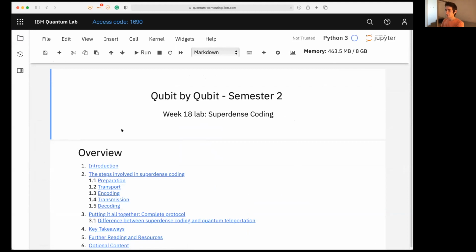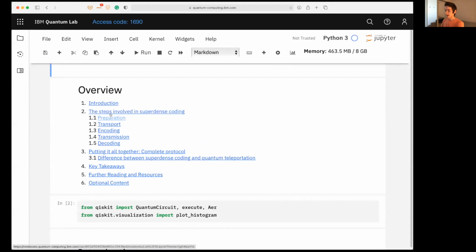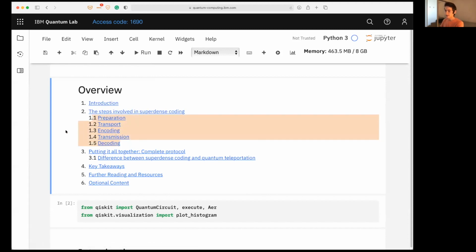And now let's get started with today's notebook. A quick overview of what we're going to be doing today. In the introduction, I'm going to talk about the full process of superdense coding. We're going to look at the whole algorithm from a higher level and make sure we understand what each of the steps is supposed to do. Then in the second part, we're going to code each of the steps, right? We have it broken down into 5 pieces here.